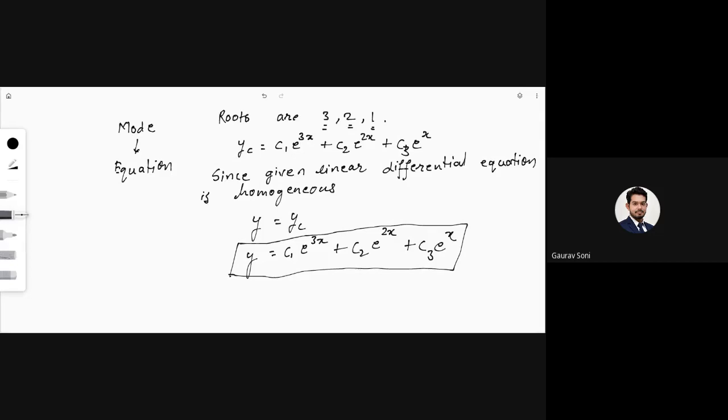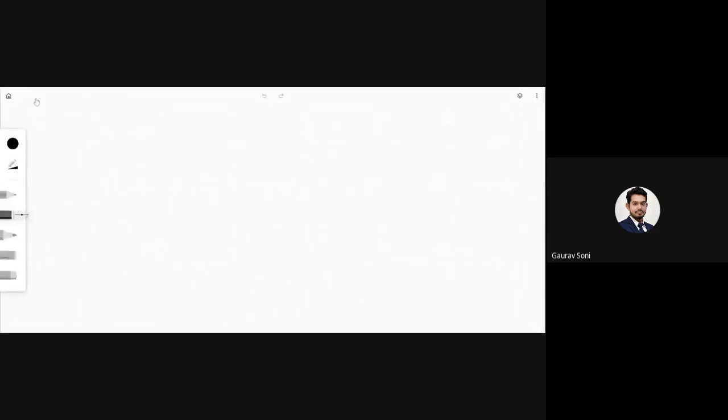fine. So we will go to the next case. The first case is clear when you have real and distinct roots. So we will go to the next case where you have complex roots. So case number 2.